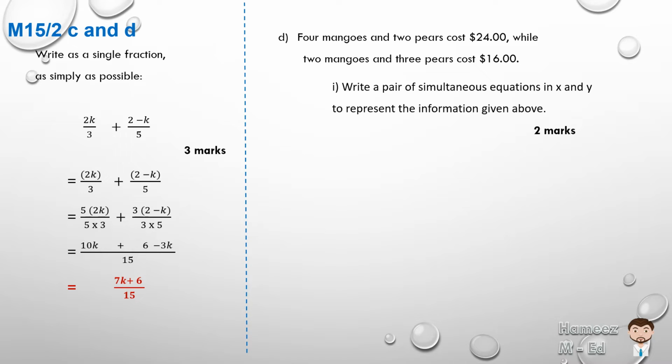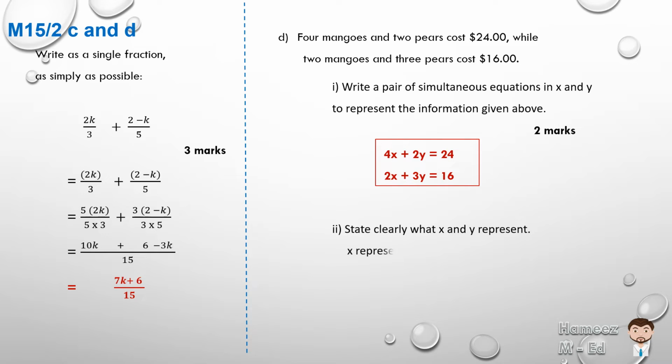So let's look back at the first mathematical sentence, and we want to write it as a number sentence pretty much. 4 mangoes, so let's call the cost of a mango x, so 4x, and the 2y cost equals 24, and that will give us our first line. And the second sentence, 2 mangoes and 3 pears cost $16, then we can say 2x plus 3y is equal to 16.